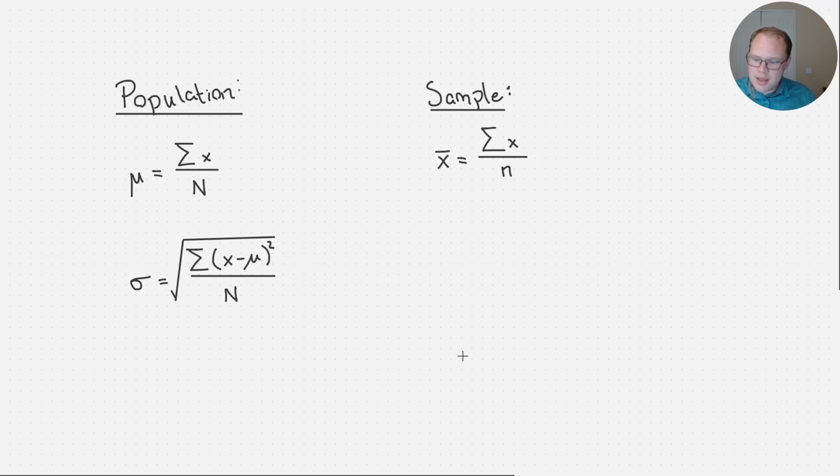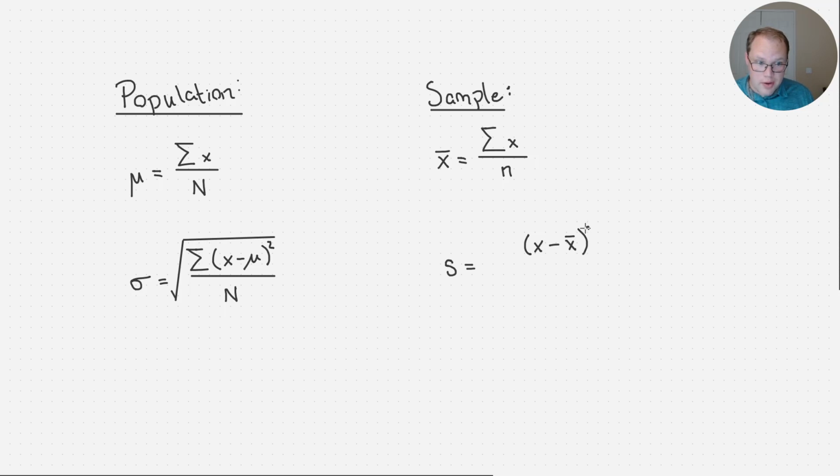Okay? The sample standard deviation is almost the same, but it's not quite as simple as just changing out some symbols. Okay? So the sample standard deviation we notate with a lowercase s, and it starts off about the same. We look at how far each data value in our sample is away from the sample mean.